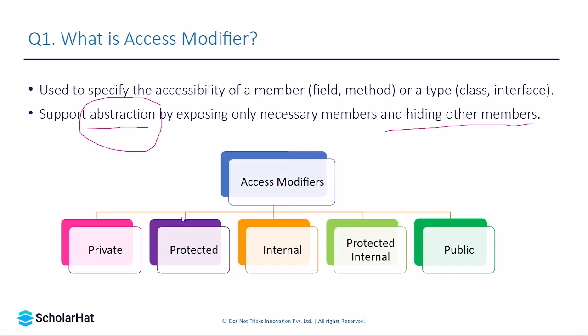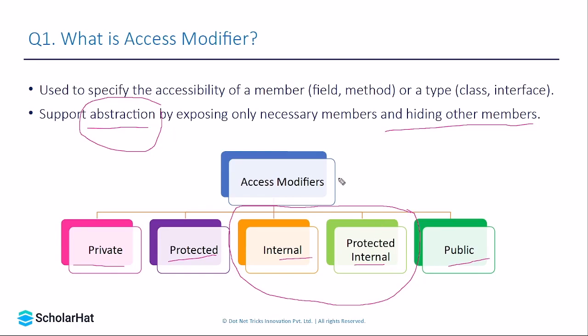In the C# programming language, there are 5 different types of access modifier, and they are termed as private, protected, internal, protected internal, and public. Students normally get confused with internal and protected internal. So please pay attention when we discuss these two topics. But you can see that these are the 5 types of access modifier we have in C#.